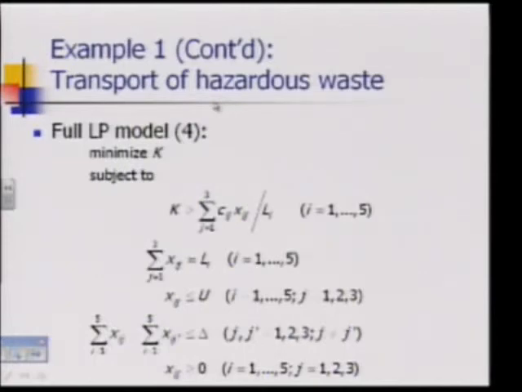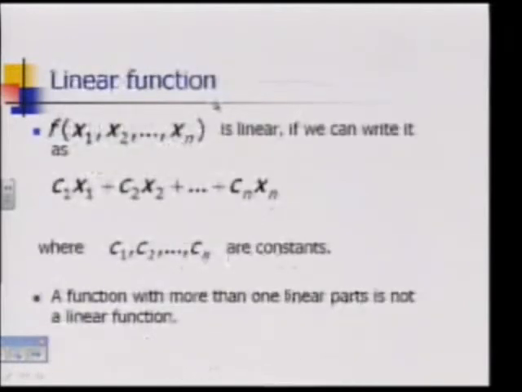Okay, so that's pretty much about linear programming. And here, let me just briefly recap what we mean by linear programming. Of course, the objective function has to be linear, and the constraints have to be linear.